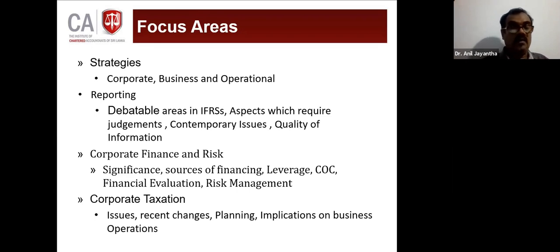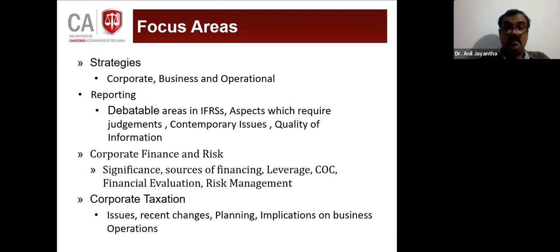banks, and again when Sri Lanka chose to adopt IFRSs, lots of concerns were there with respect to this compulsory adoption, which led to issues and discussion about small and medium scale enterprises, where to a great extent in the Sri Lankan context GDP is contributed by those organizations, but it would be a bit difficult for those entities to fully adopt IFRSs in the Sri Lankan version of SLFRSs.